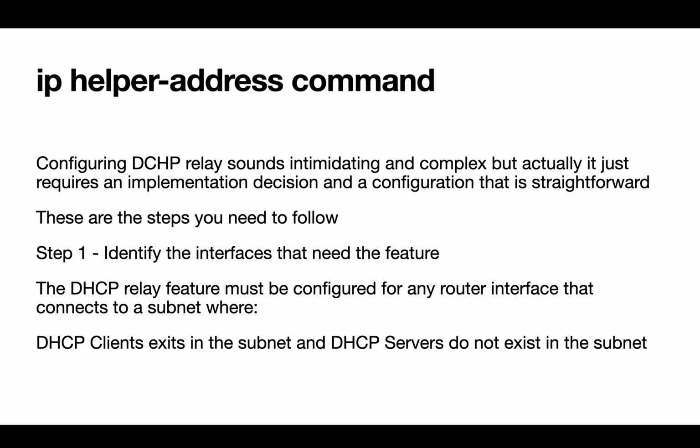We just need to configure the IP helper address command on that router, so then the router knows to relay any DHCP discover messages out of its egress port, so that it goes to a DHCP server and that discover message is actually fulfilled.